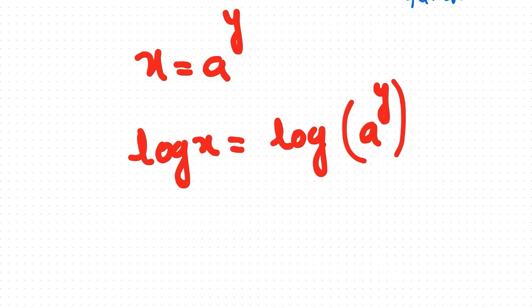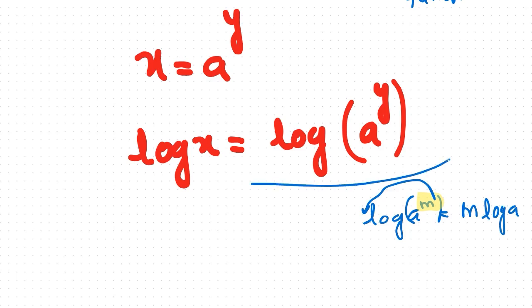So log of a to the power m, we have a property: the m jumps out front, it becomes m times log a. So then this one would become y log a.